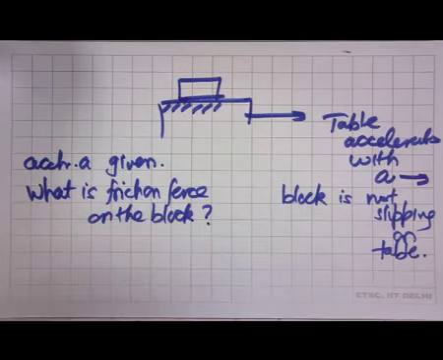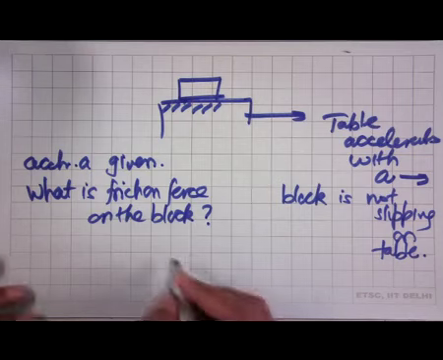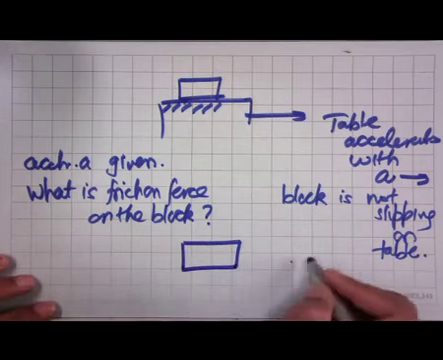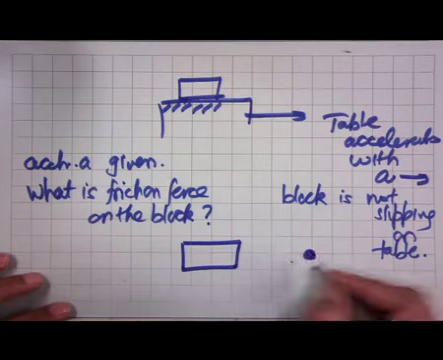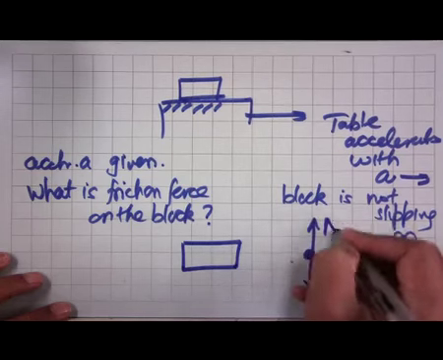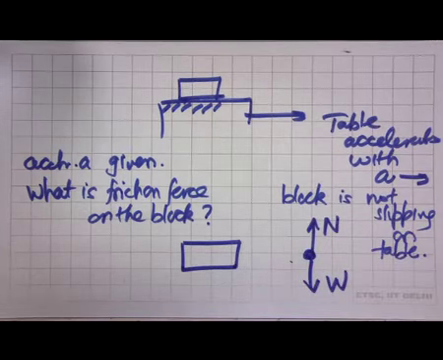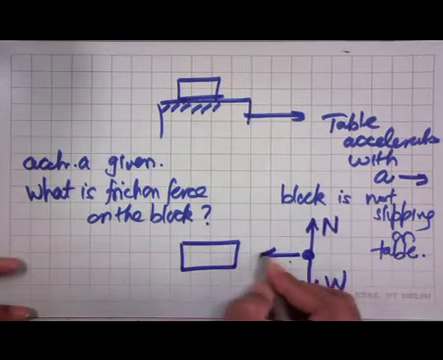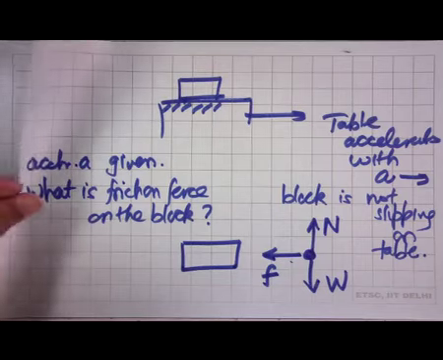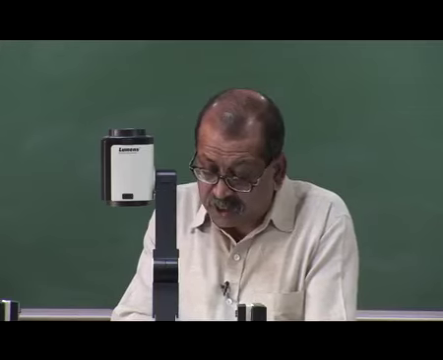So, what we do is again we draw a free body diagram of the block, which I show as a particle. I will have its weight, normal reaction, and then as usual I show the friction force like this. So, I have drawn the free body diagram. This is a case of block not slipping.